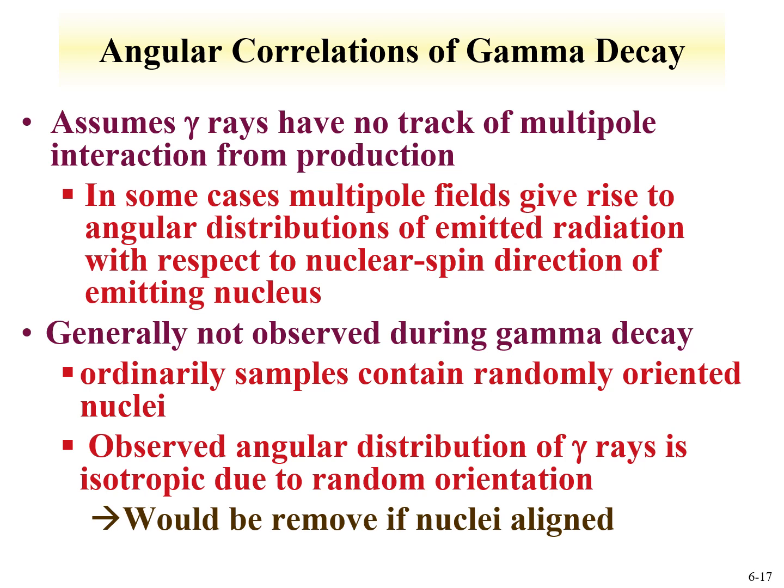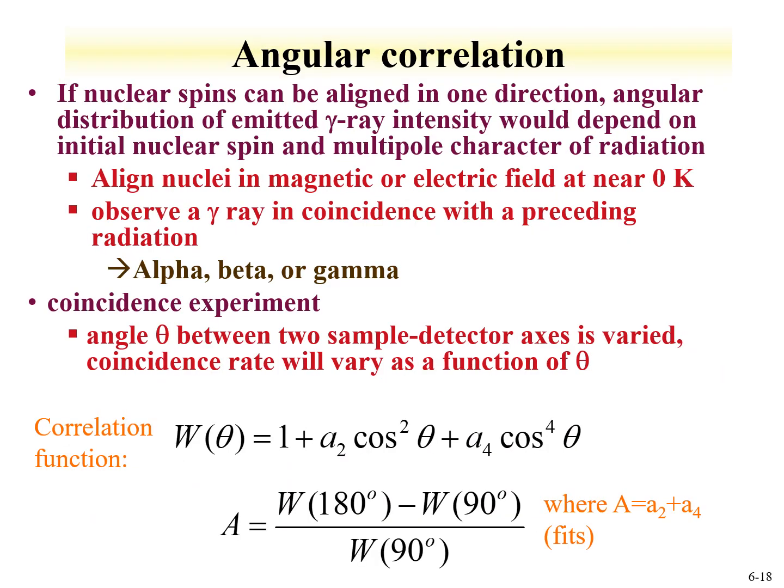This would be removed if samples of nuclei could be aligned and then the gamma ray orientation observed with respect to this alignment. So one can align nuclei by placing them in a magnetic or electric field at low temperature, something close to 0 K, so vibrations would also be limited.